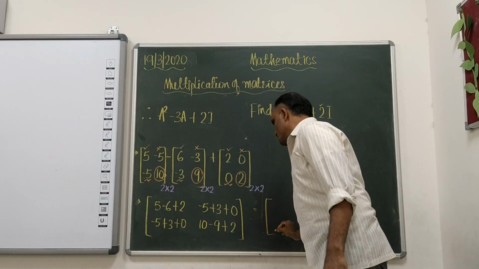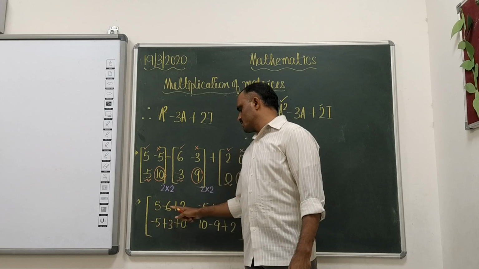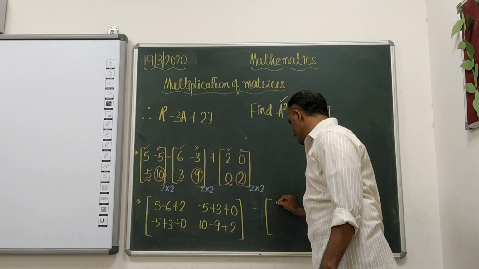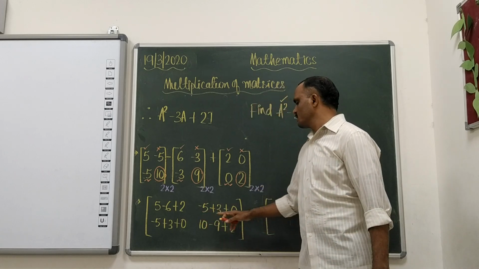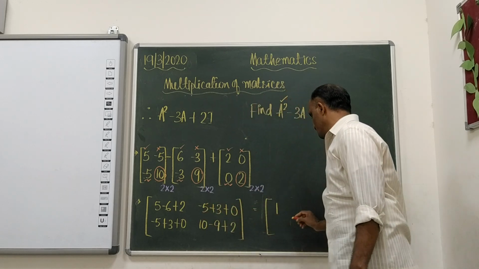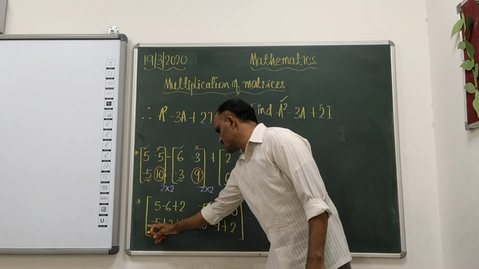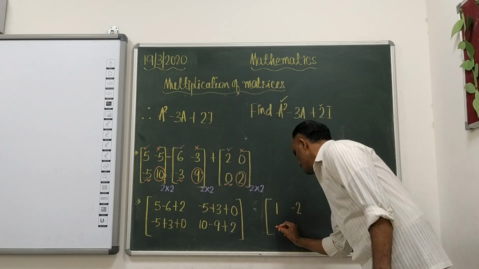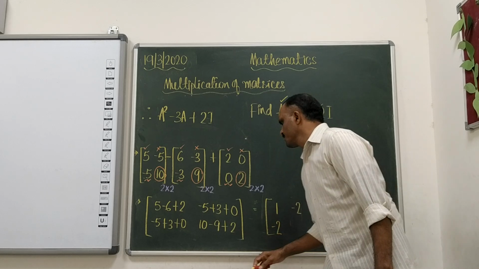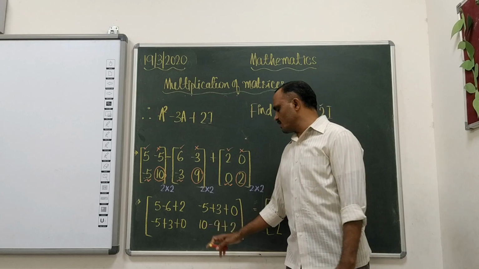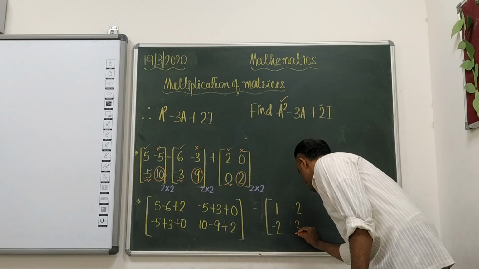On simplifying, 5 plus 2 is 7, then 7 minus 6 is 1. Here minus 5 plus 3 is minus 2. Then here it is 5 plus 3... minus 2. Then 10 plus 2 is 12, then 12 minus 9 is 3.